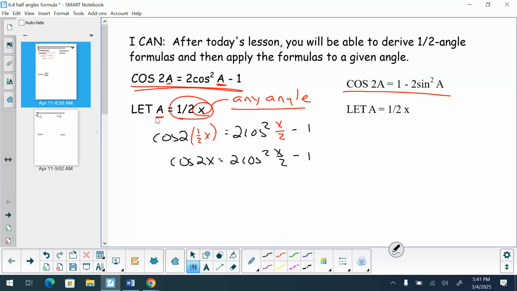Now simplifying this, we can add to both sides the value of 1. So we add our 1, so we have 1 plus cosine of x. I'm sorry, that should be just the value of x.